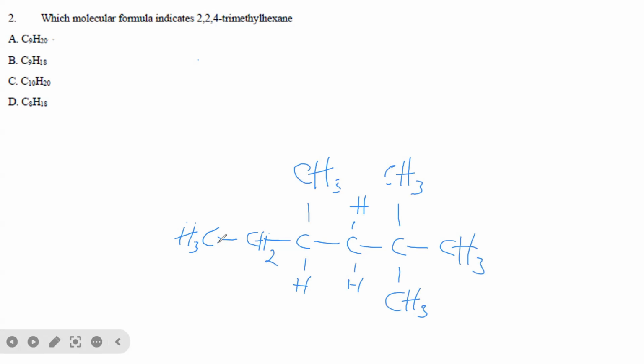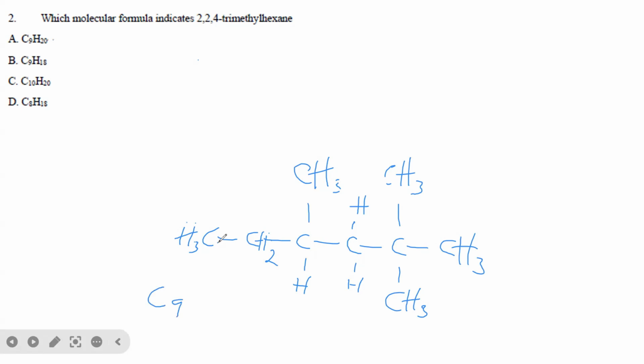So then, the next thing is to count the number of carbon and the hydrogen that are present. We have 1, 2, 3, 4, 5, 6, 7, 8, 9. So it means that we have C9. Then we count the hydrogen.